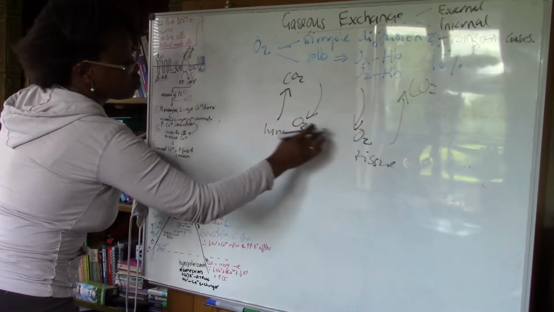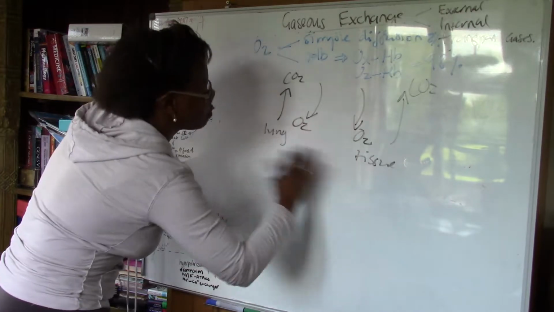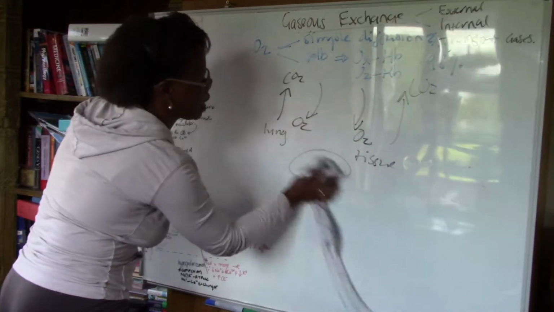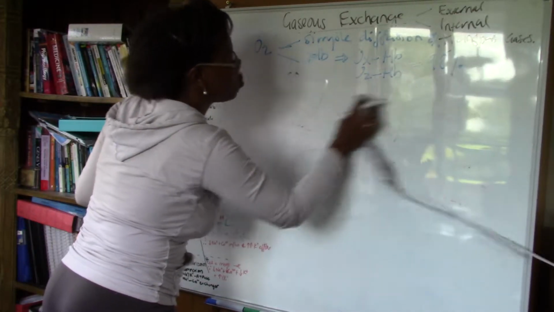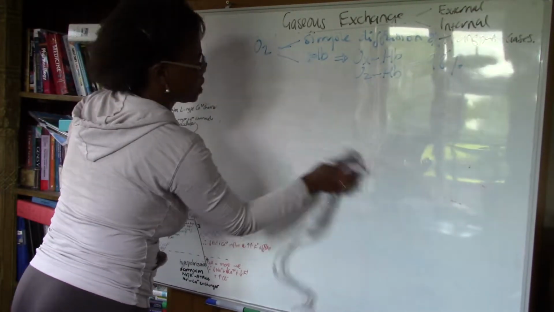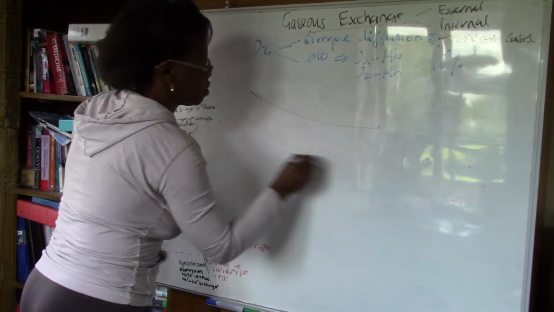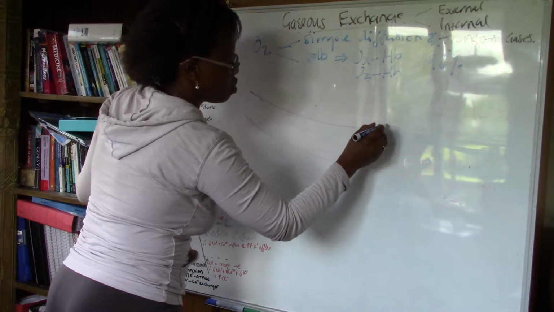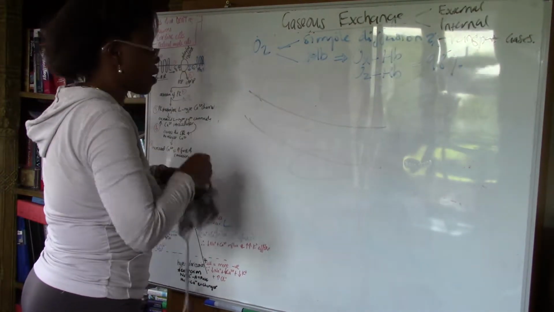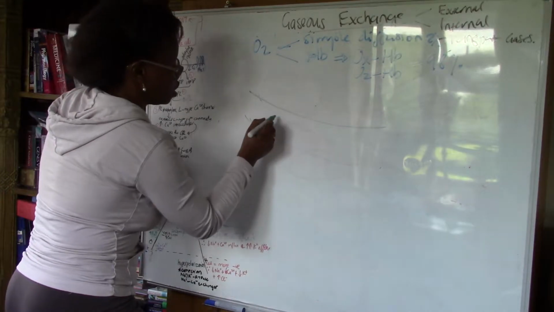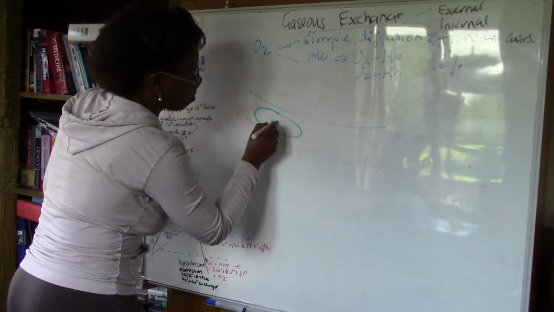So if we were to just fit in hemoglobin, because hemoglobin will work inside the capillary as an exchange mechanism. So if we were to think of this as a capillary, either around the tissue or around the alveolar, and it has hemoglobin there.